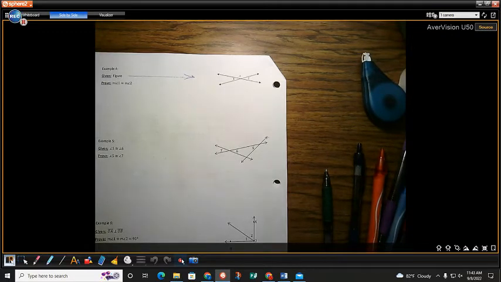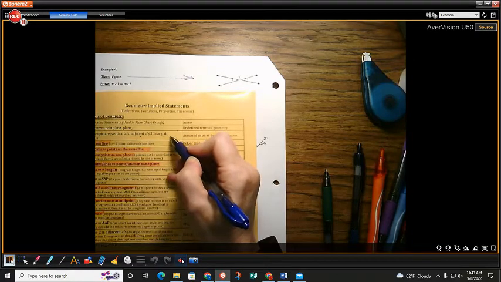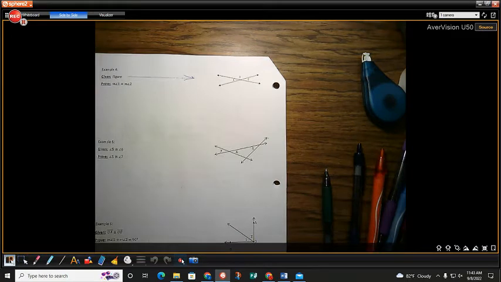Quentin? Linear pairs. I can get vertical angles, a linear pair, adjacent angles. You have to memorize those things you can look at in a picture.